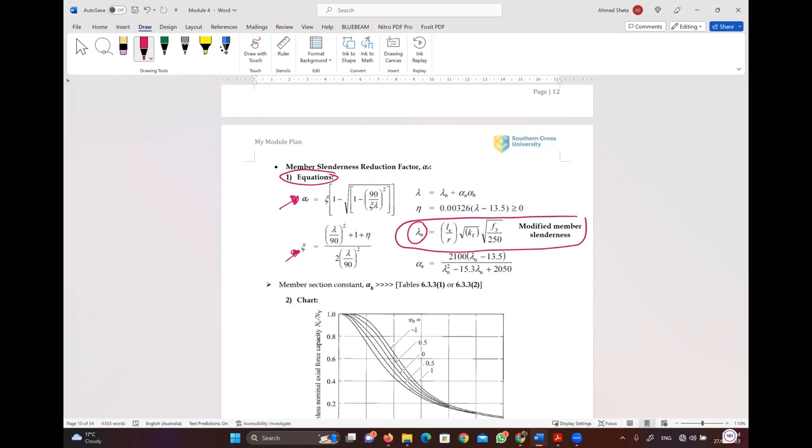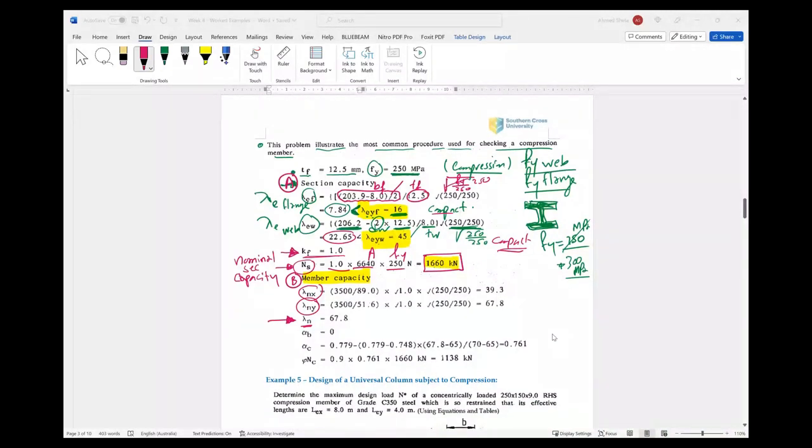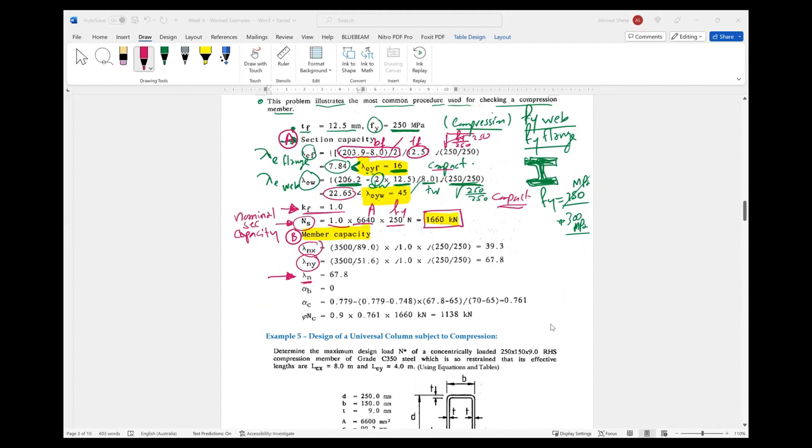So if we go back to the other screen here, so lambda nx is 3,500 over 89 times root kf, which is 1, times root f yield over 250, which is same.